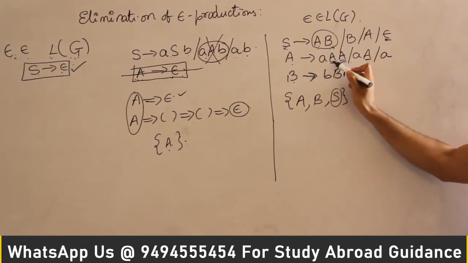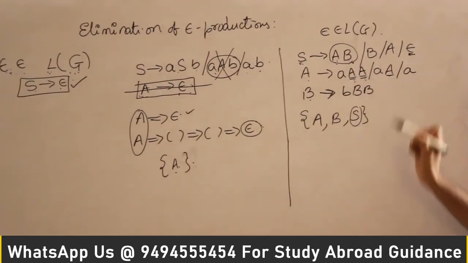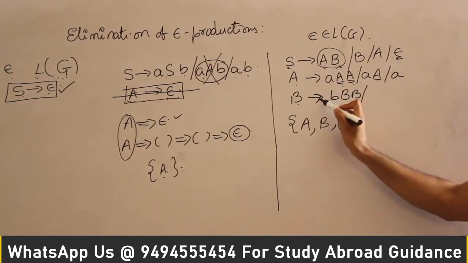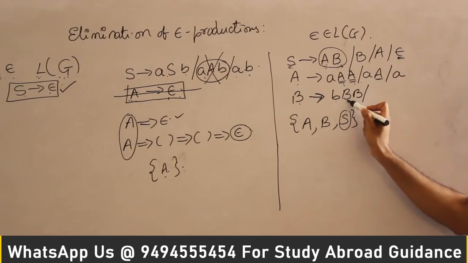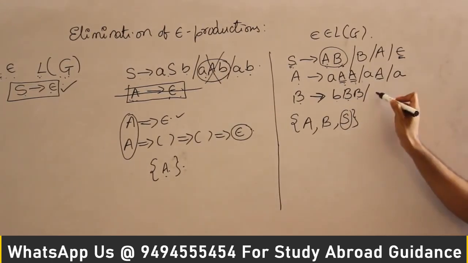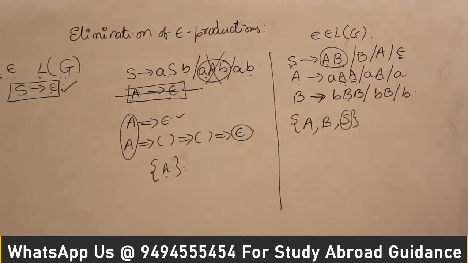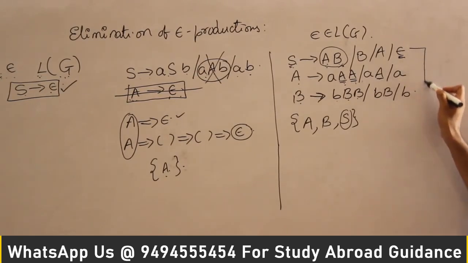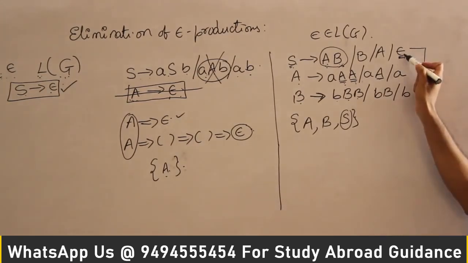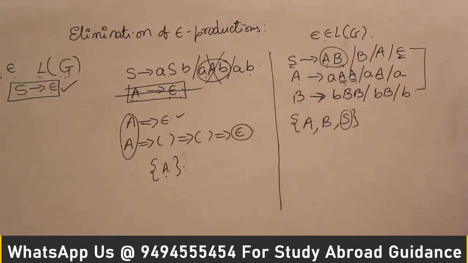So I am replacing one of the A first with epsilon, and then I am replacing both A's with epsilon, therefore I am getting A. And what about this one? See this? Now replace one B, capital B with epsilon, and then replace two capital B's with epsilon. Then what do I get? BB or small b, right? So this is the final grammar in which we have removed all the epsilon productions except the first one, S derives epsilon. The reason is epsilon belongs to the language.